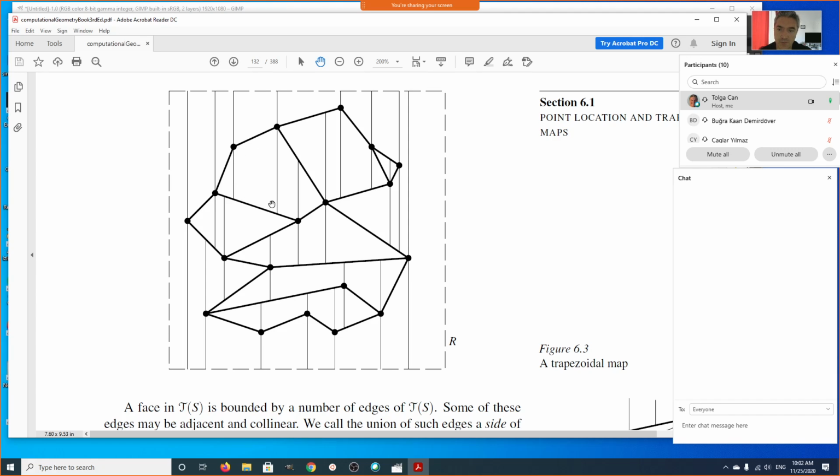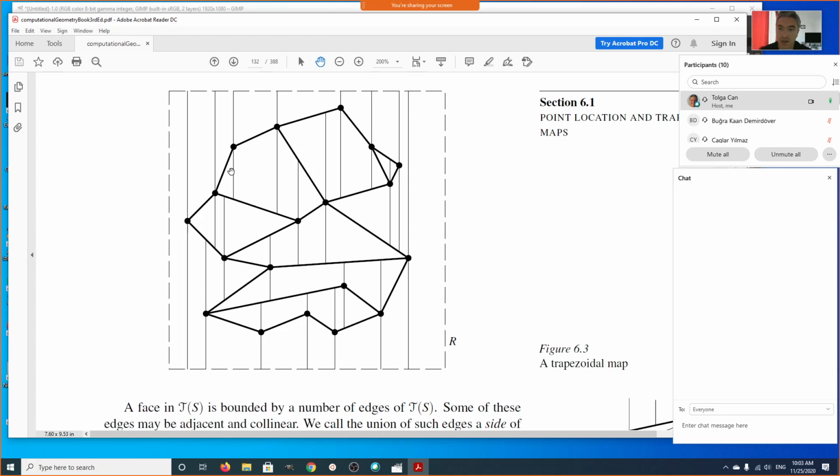All of them are trapezoids, meaning that they have two parallel sides, and those parallel sides are our vertical extensions. Each of them has a unique top and bottom edge.